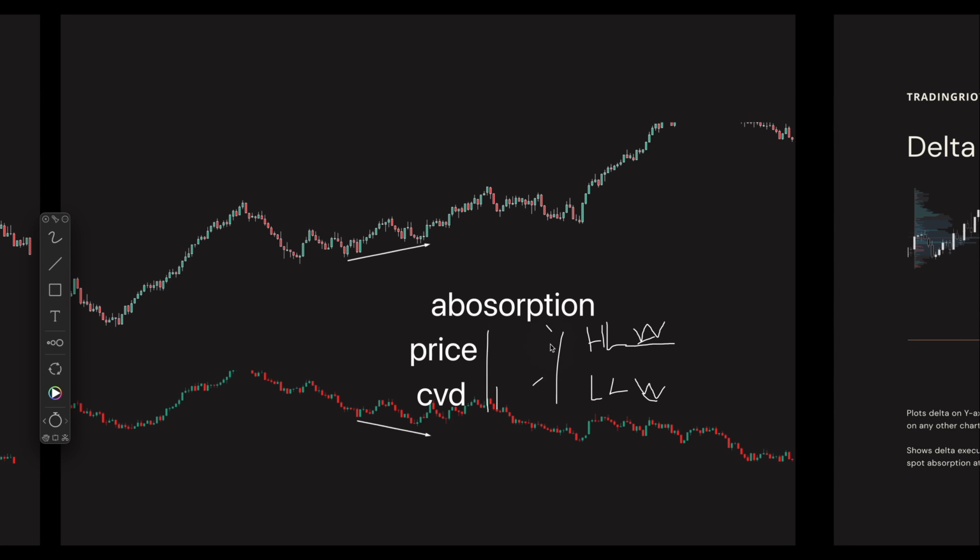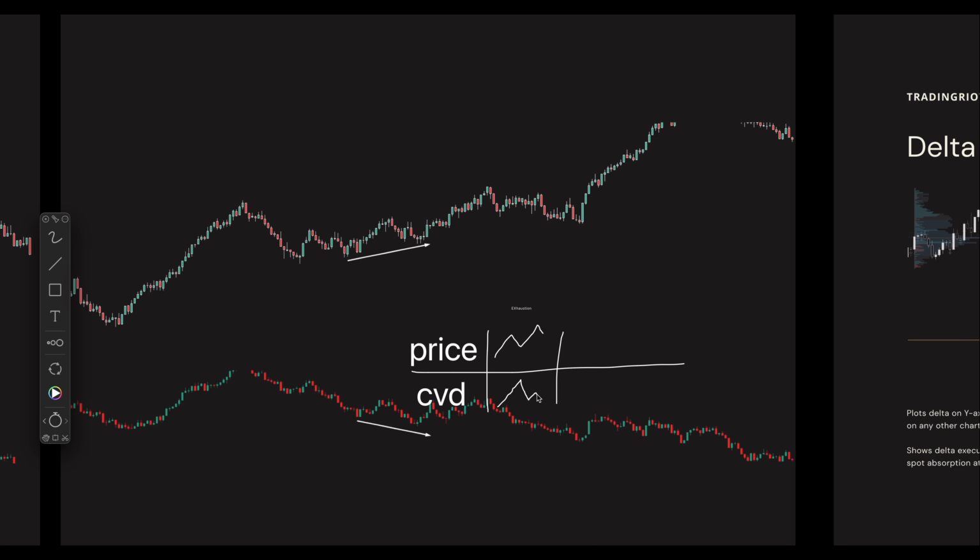Okay, so this is a form of absorption, and then we have exhaustion. The price makes a higher high, and the CVD makes a lower high.